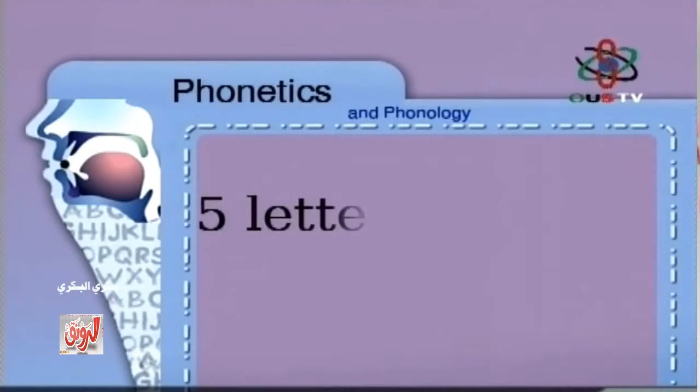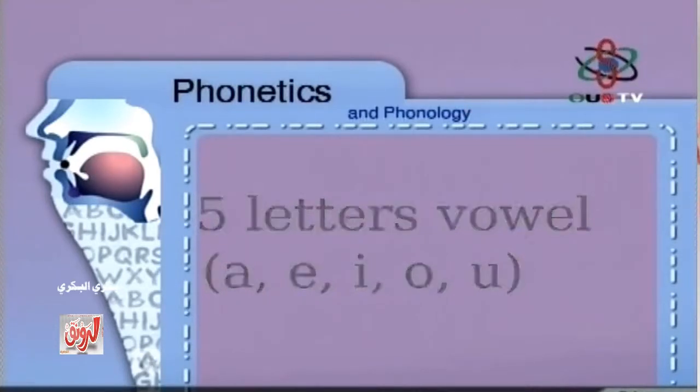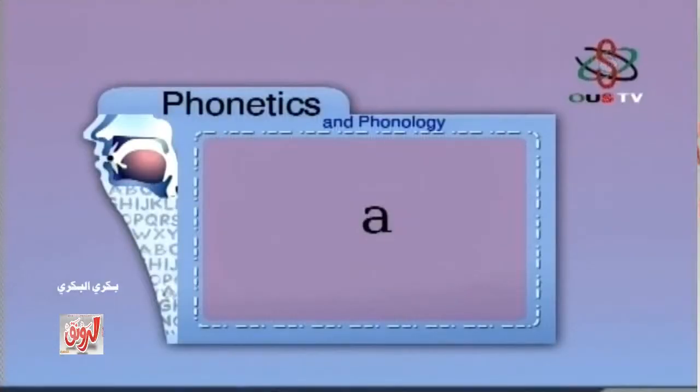Out of these 26 we have 5 vowel letters. Remember, A, E, I, O, U. These vowel letters represent the 20 vowels in English. That is why a vowel letter might represent more than one sound. And I gave you the example of the letter A. It might be pronounced like cat, hat, fat, F-A-T.